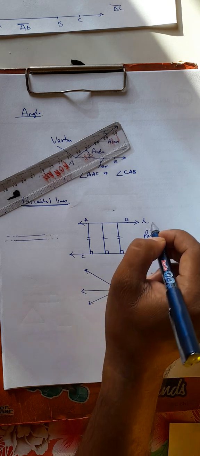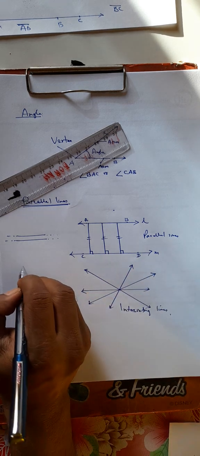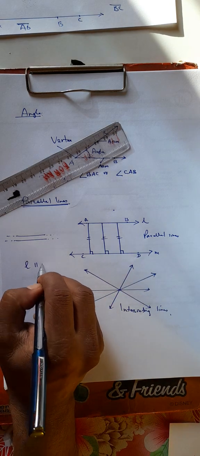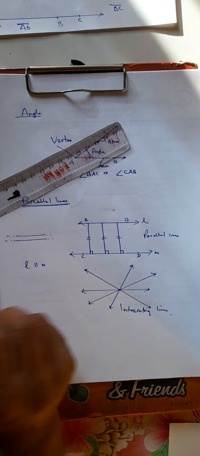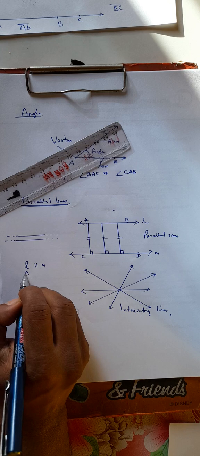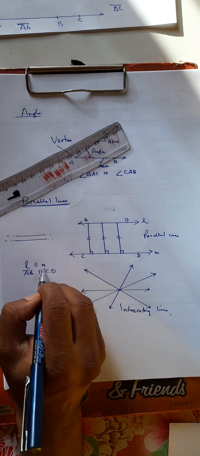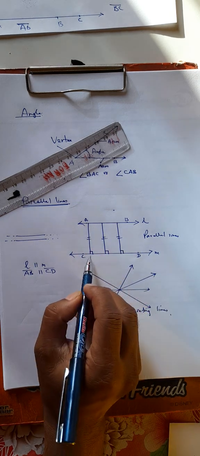Now line L is parallel to M, so symbolically we write it as L parallel to M. This is the symbol of parallel. Similarly, you can write line segment AB is parallel to CD.